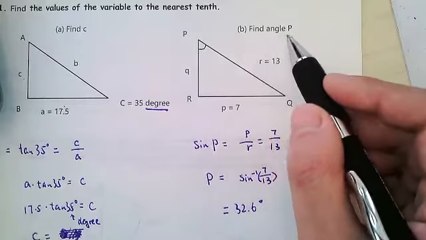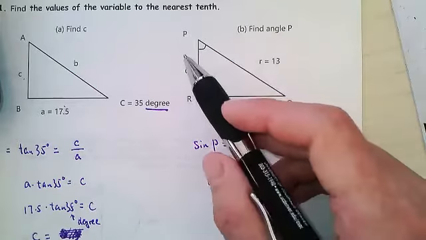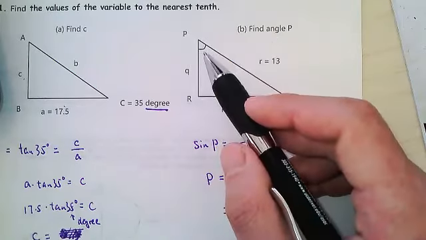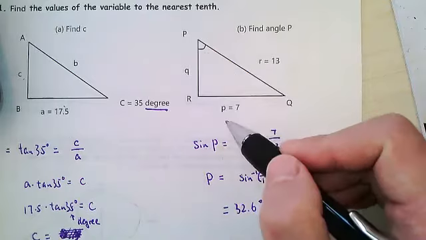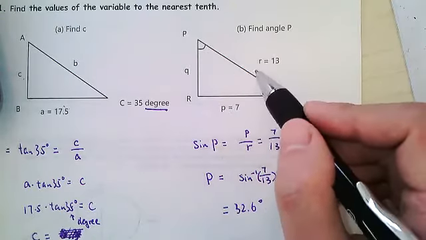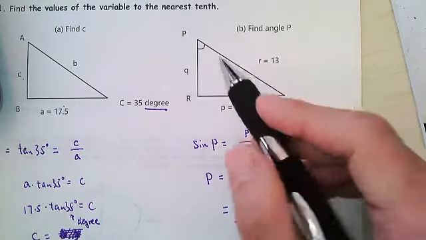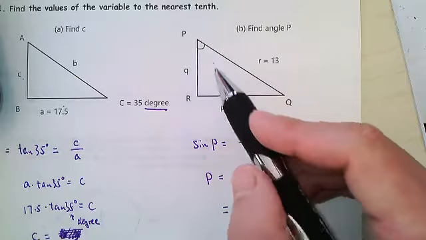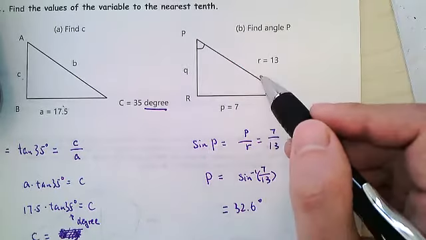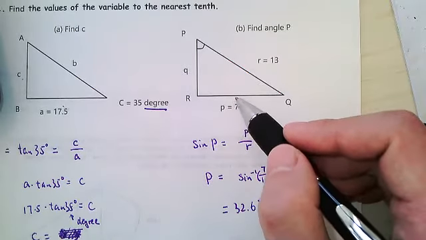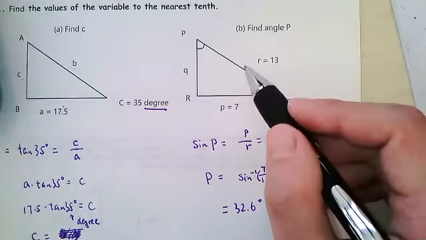Part B, find the angle P. Again, angle P is here. You know this side is 7, this side is 13. So sine P is the opposite side divided by the hypotenuse.